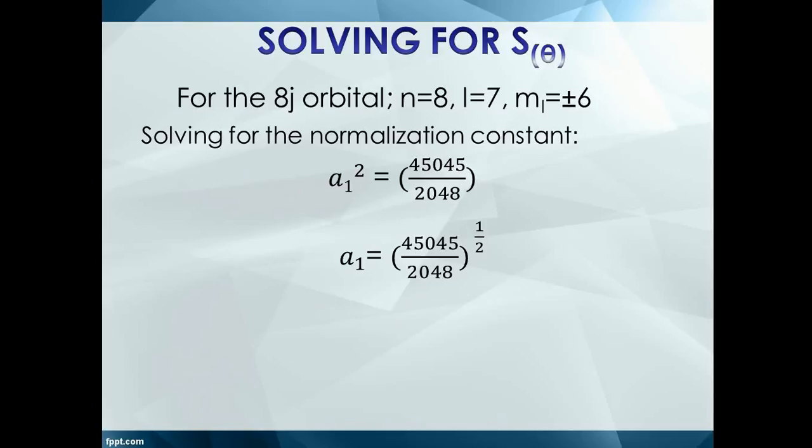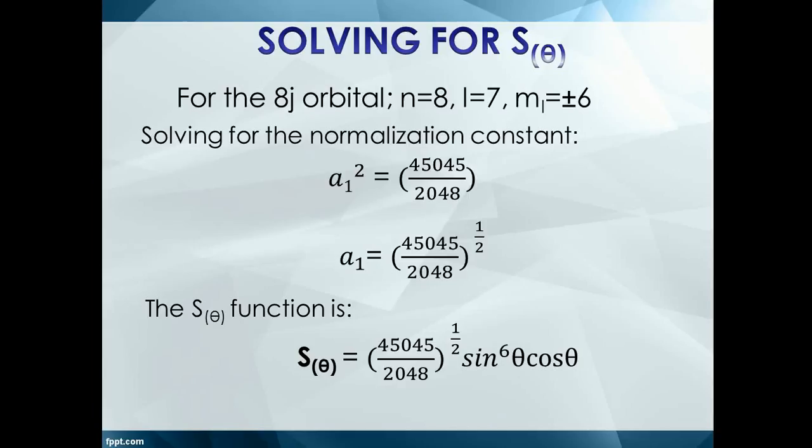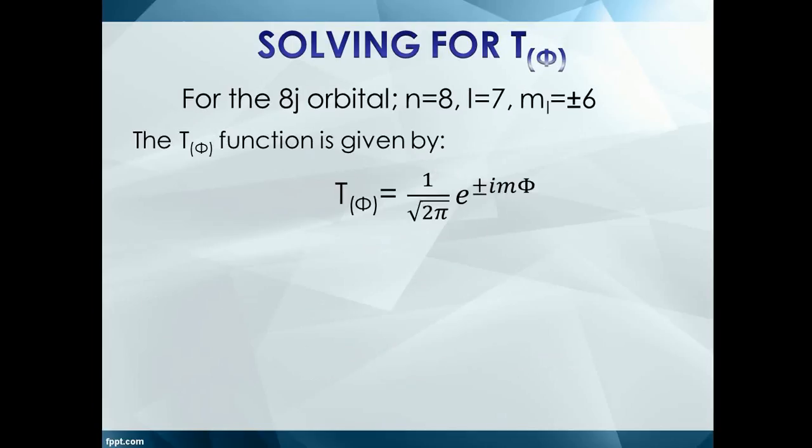Removing the square, we have a1 is equal to 45,045 over 2048 raised to 1/2. So, from the solved a1, we can get the S theta function: 45,045 over 2048 raised to 1/2 sine raised to 6 theta cosine theta.